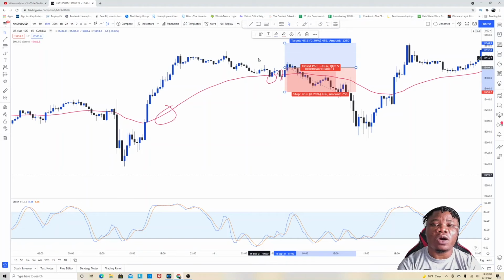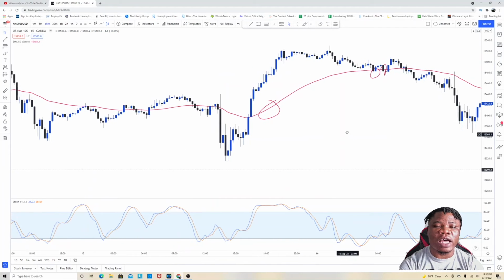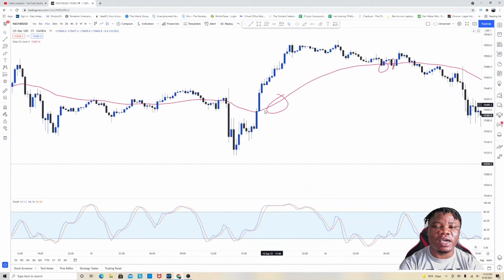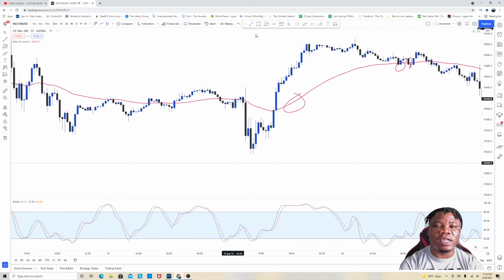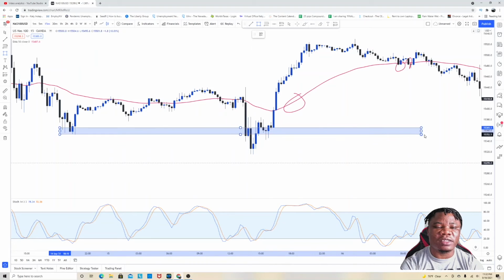So even though you cannot win every single trade, it's just impossible, there are ways you can avoid getting into trades like this as well. If we take a look at this buy right here, this is why support and resistance is also very, very powerful.